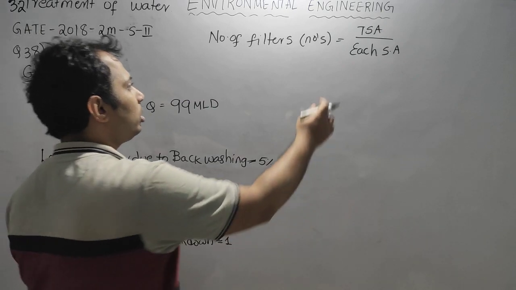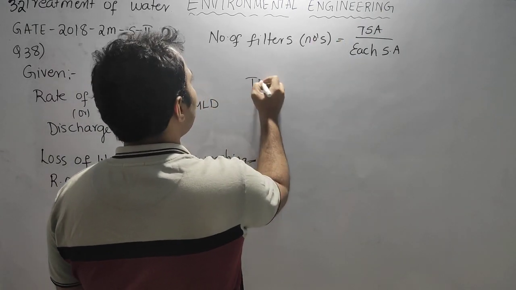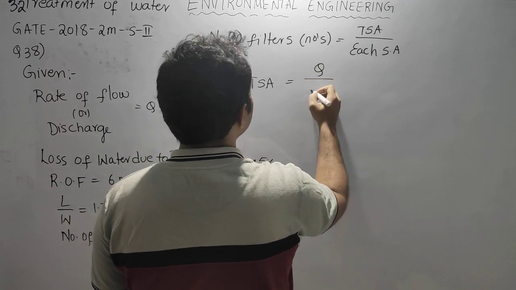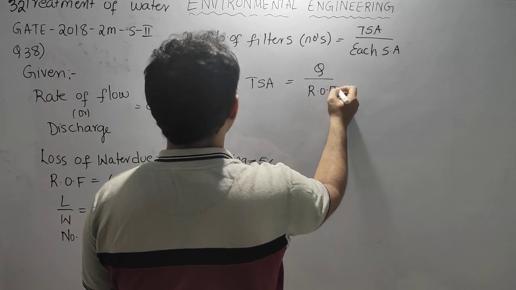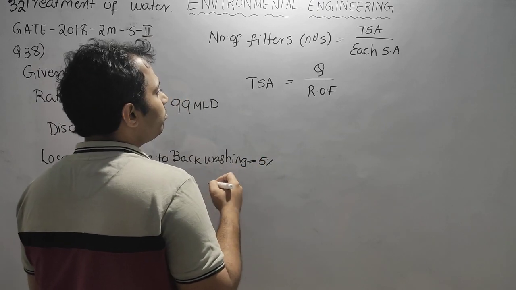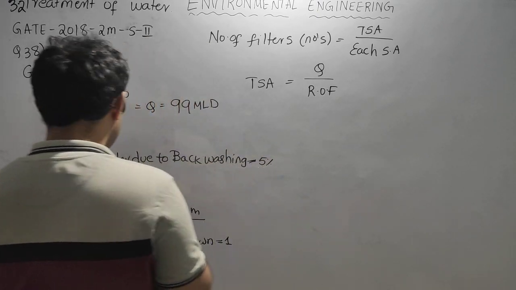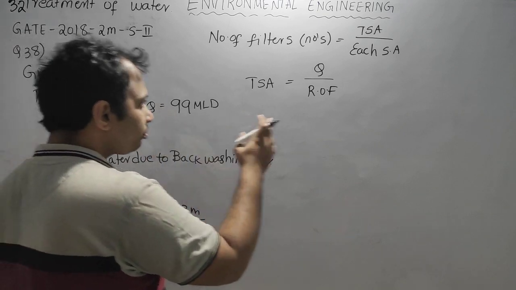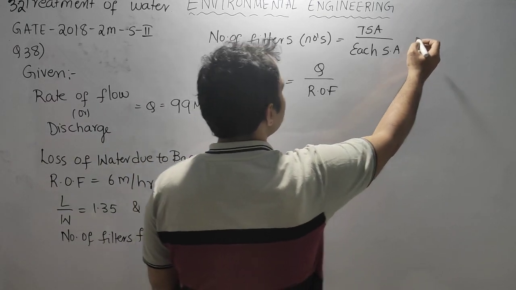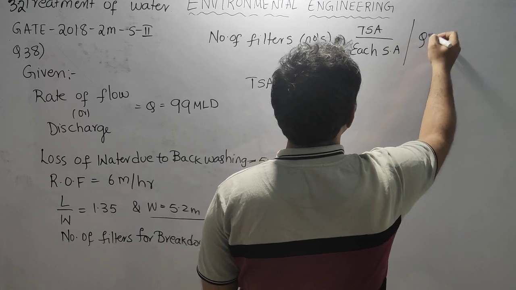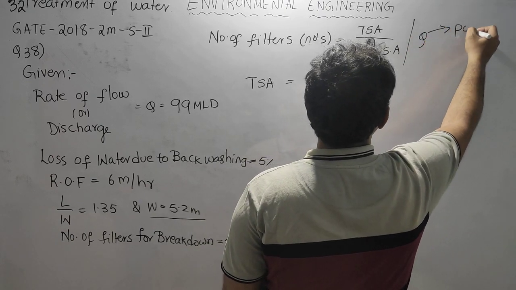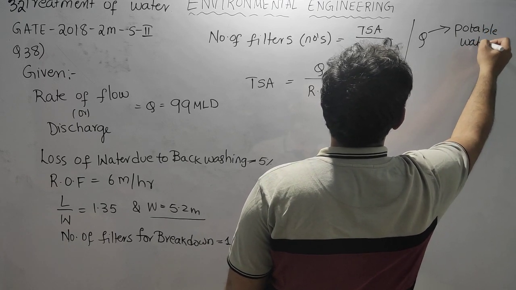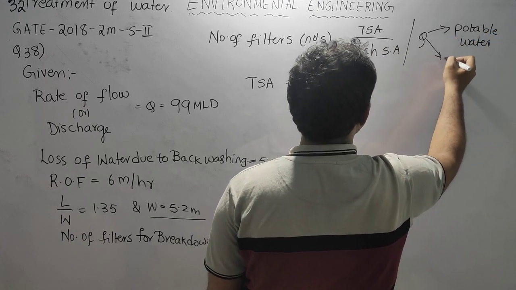We will get the total surface area from Q by rate of filtration. The rate of filtration was given. Here if you look at the Q, this Q is a combination of potable water and backwash water.